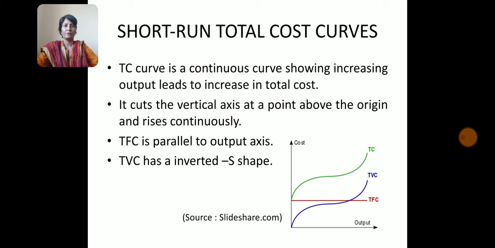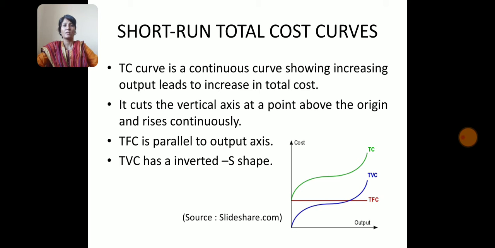Total cost curve, that is TC curve, is a continuous curve which shows increasing output leads to increase in total cost. It cuts the vertical axis at a point above the origin and rises continuously from left to right.